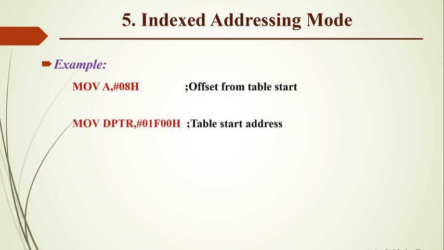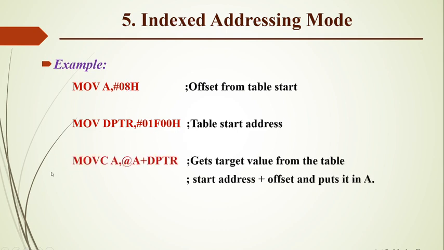Then in DPTR, using the instruction MOV DPTR, #01F00H, we are loading the DPTR with the base address or start address of the table. And in the accumulator we are moving the value 08H, which is the displacement or offset.